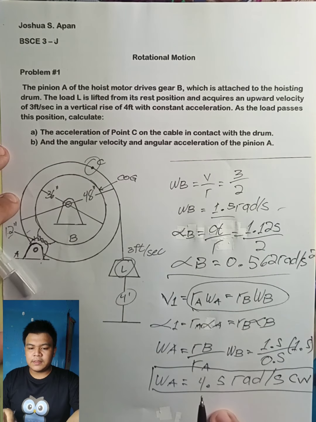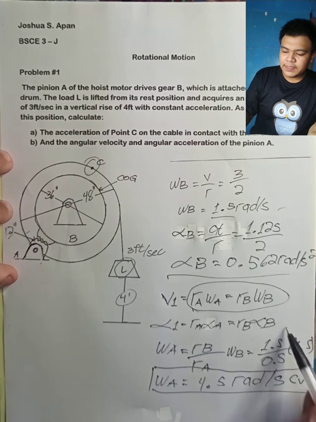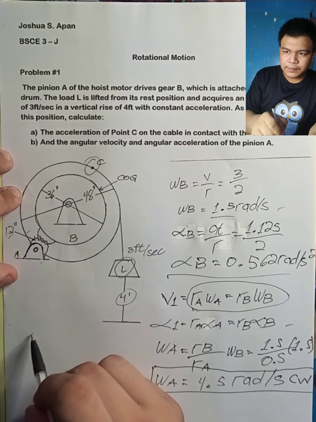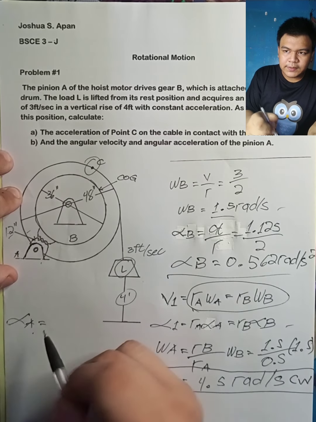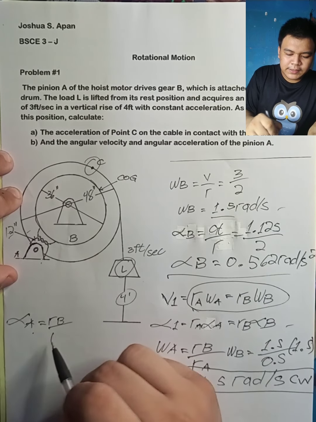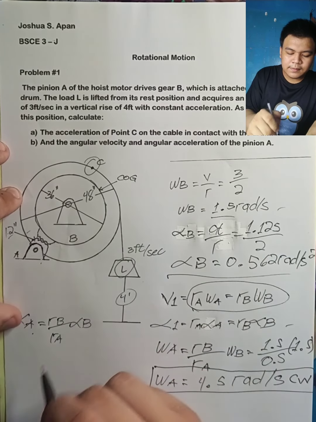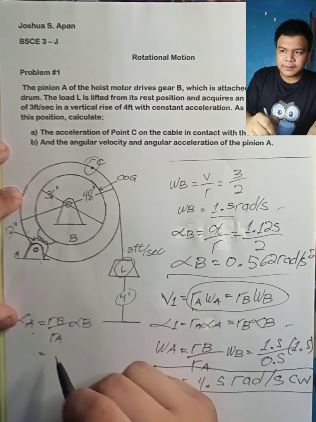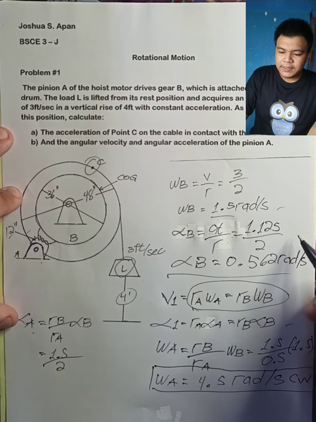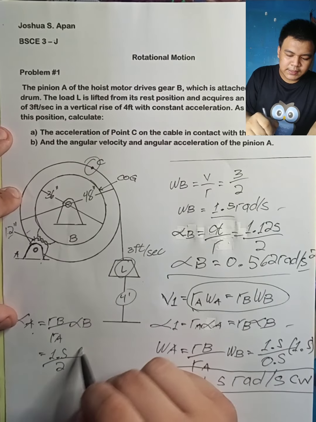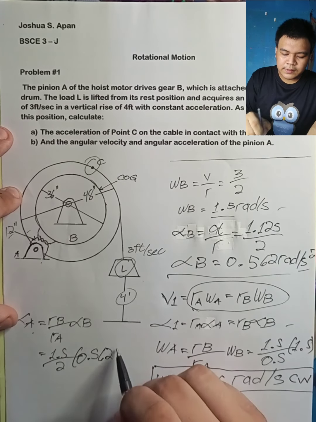And then, para naman sa angular acceleration ng A, gamitin naman natin to. Angular acceleration ng A is equal to radius ng B over radius ng A multiply sa angular acceleration ng B. So, 1.5 over 2 multiply dito sa 0.562 rad per second squared.